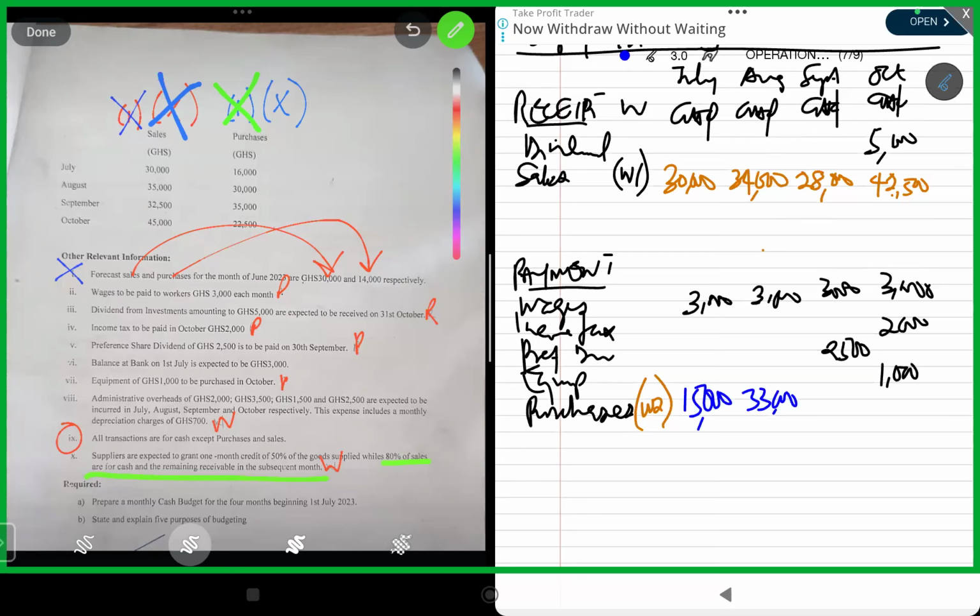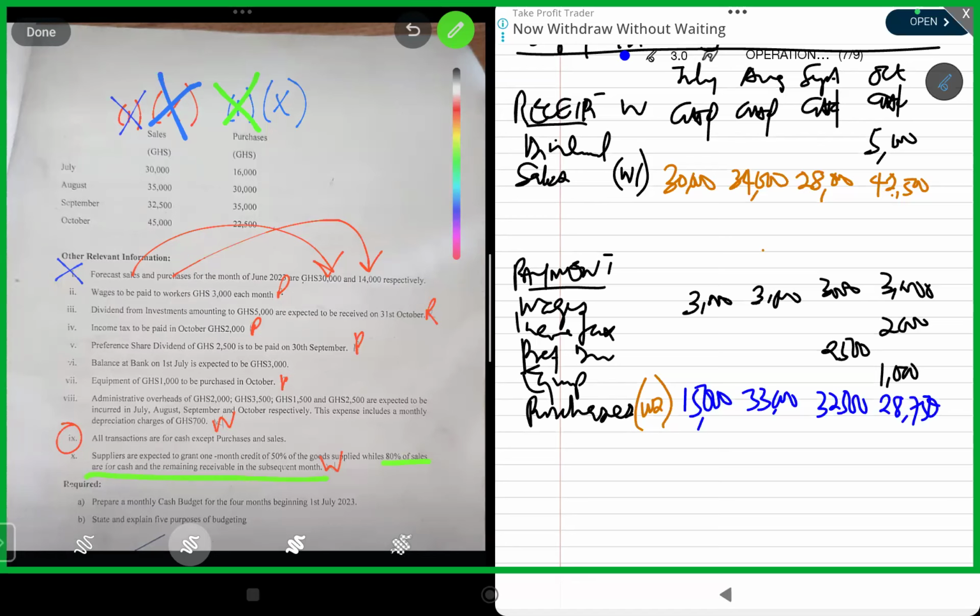September is 32,500. Then 28,750. Don't give me the wrong figure, otherwise I'll be having wrong figures.